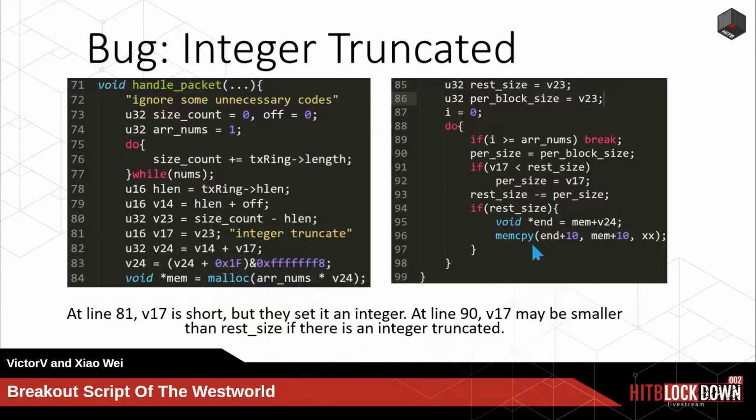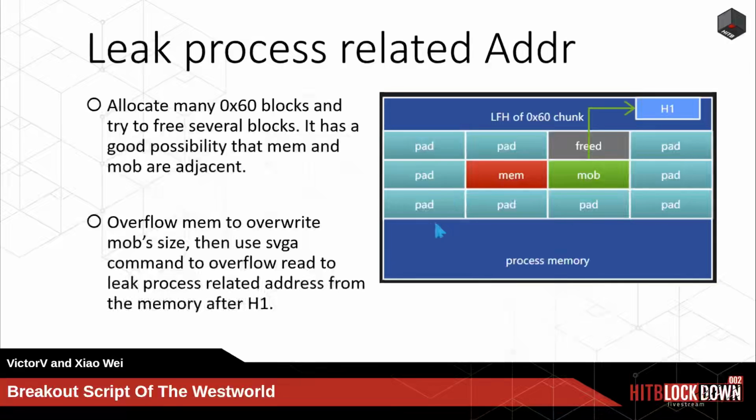And there's another way to overflow data with a given offset. It's not shown in this picture. Because Windows has LFH, it's a problem to arrange the heap layout, but it's not impossible. Firstly, we allocate many mob blocks like this.